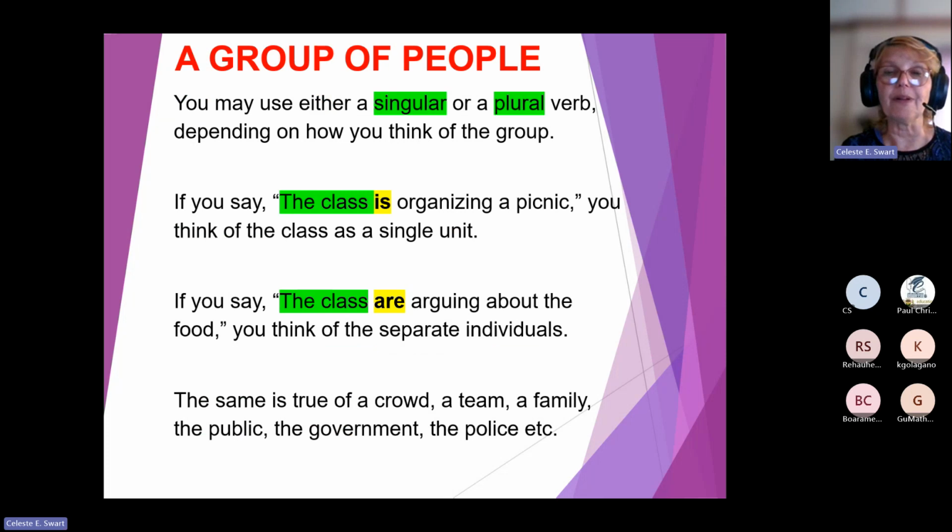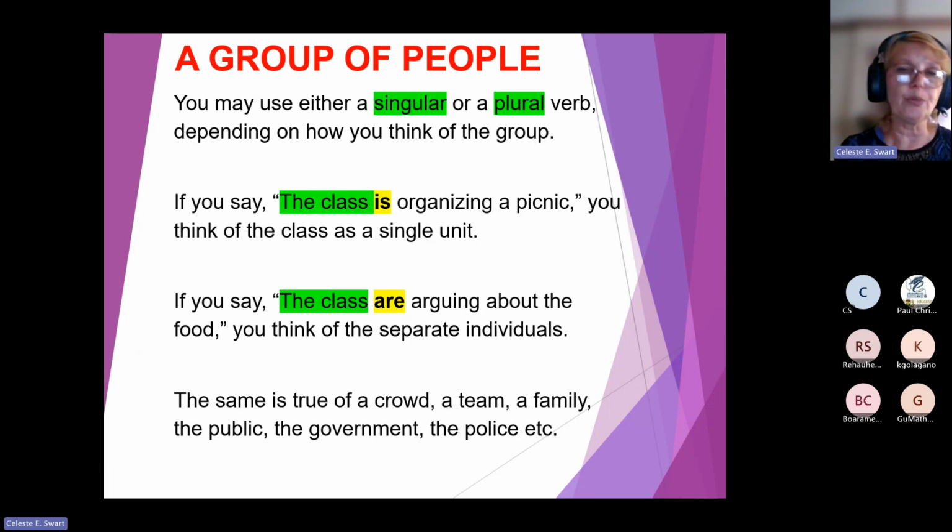A group of people. This one I love, because this one's tricky to say if a learner is wrong or right. If we're speaking about the class, or the police, or the government, or a team, it could be singular, but it could also be plural. That will be dependent on how I'm looking at the group.